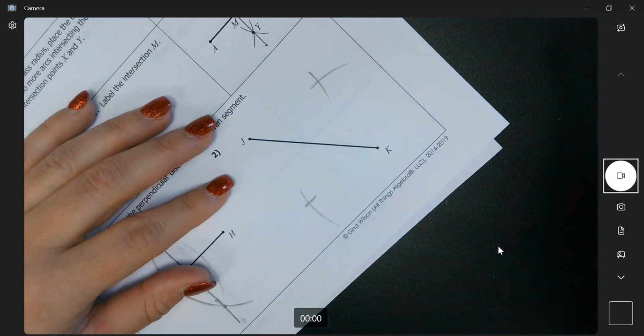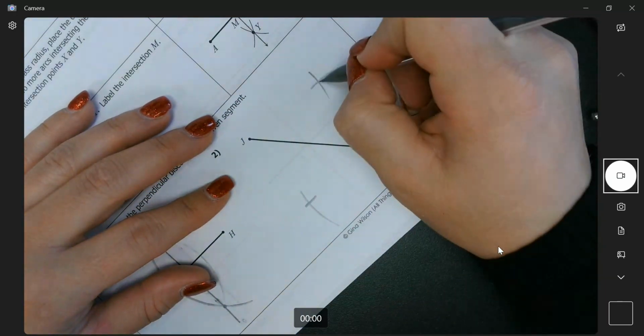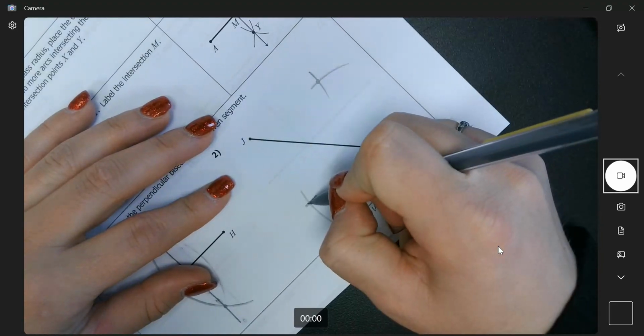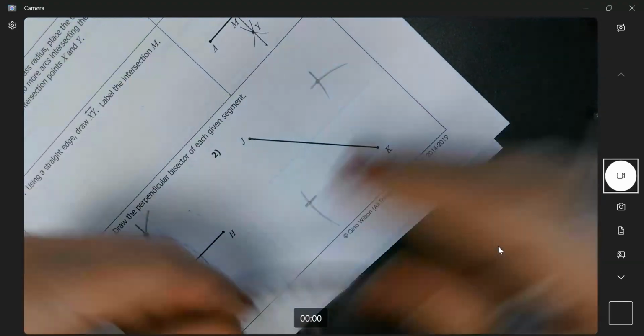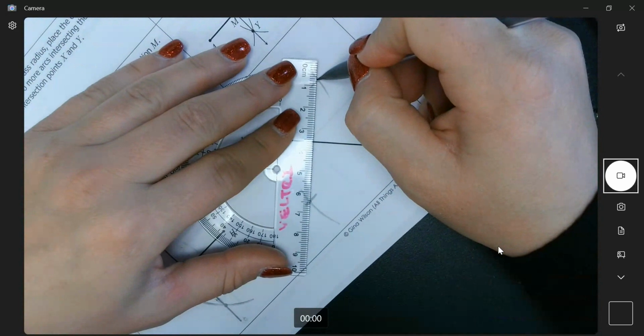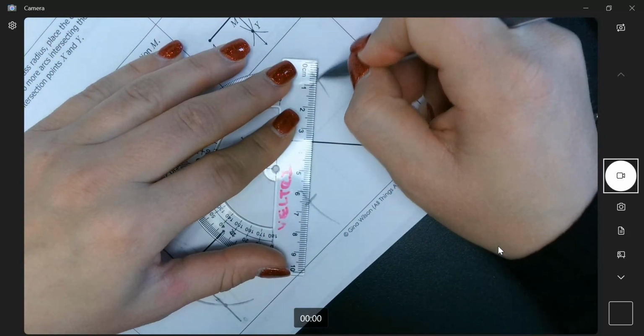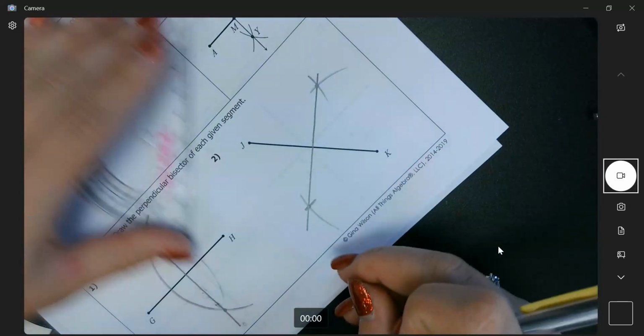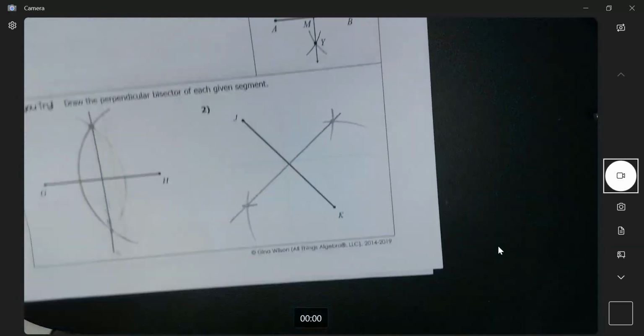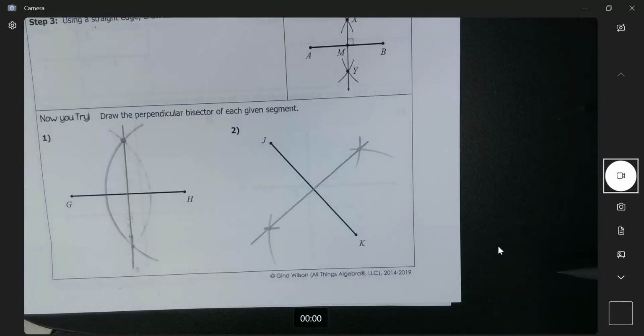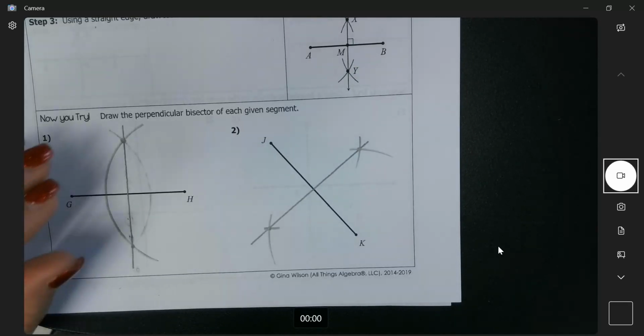So you've got those two intersection points. Make it more of a point, and then connect those two. Okay. Ta-da! There is your perpendicular bisector, or segment bisector is how you guys may see it as well. Okay, so that is that one.